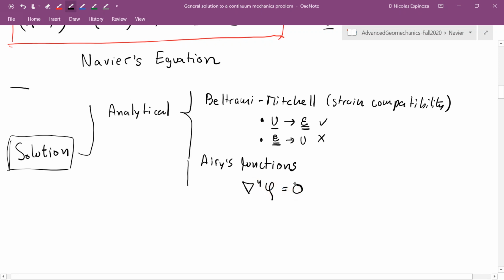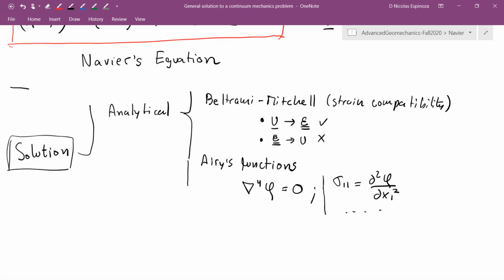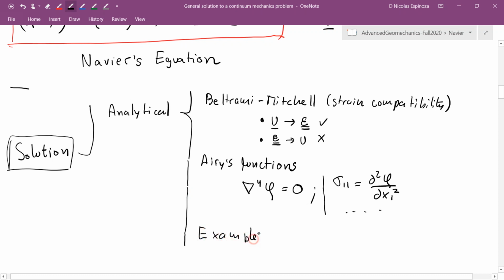This is an Airy function, where, for example, from here, your stress sigma 1 1 is the second derivative of this Airy function phi with respect to x1 two times. And you can see more about this in the book of Malvern, but we're not going to see these solutions in detail, how to do those. Again, some of them are quite complicated, but what we're going to see are some examples.